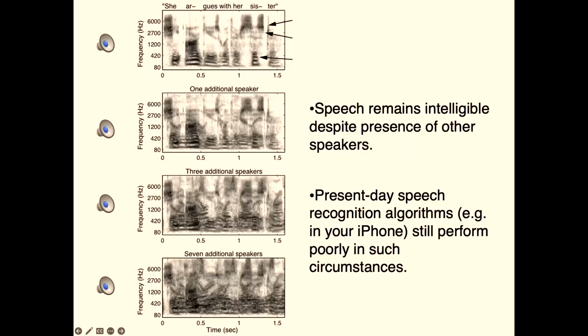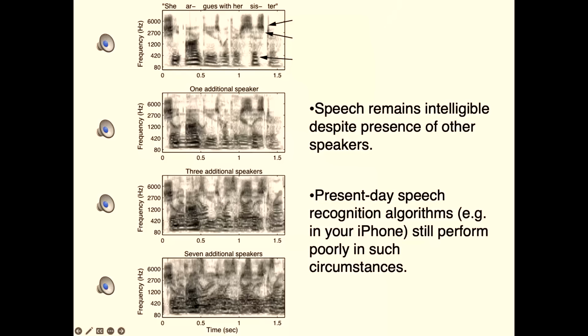This is a problem that humans still solve substantially better than machines. So present-day speech recognition algorithms, like in your iPhone, they work pretty great now if you're in a quiet room. But in a situation where there's a lot of other people talking, they'll typically still perform poorly. Okay, so that's another example of an ill-posed problem.